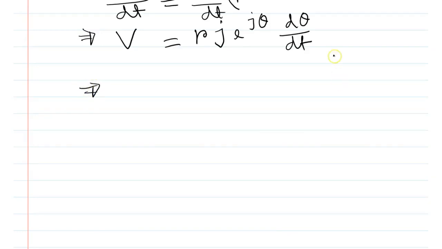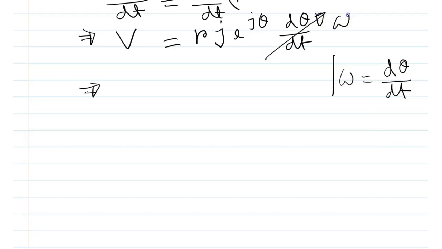Now by definition we know that angular velocity equals the change of angular position with respect to time, so we can write this bit as omega. So ultimately the linear velocity equation becomes r j omega e^(j theta), which is in polar form.